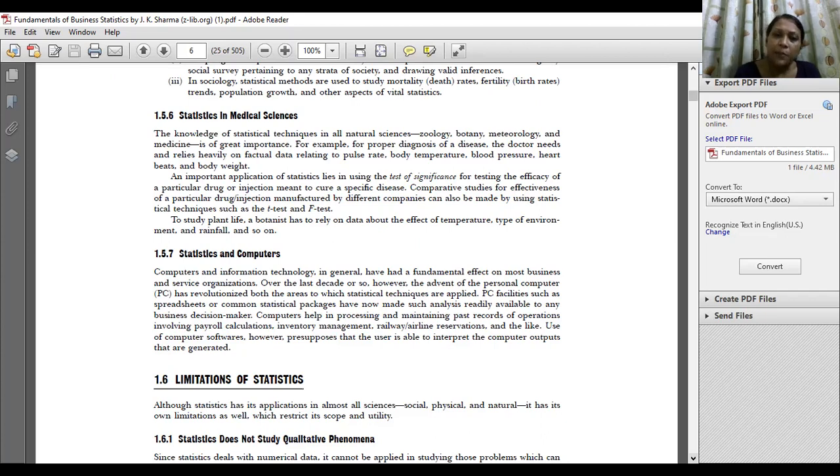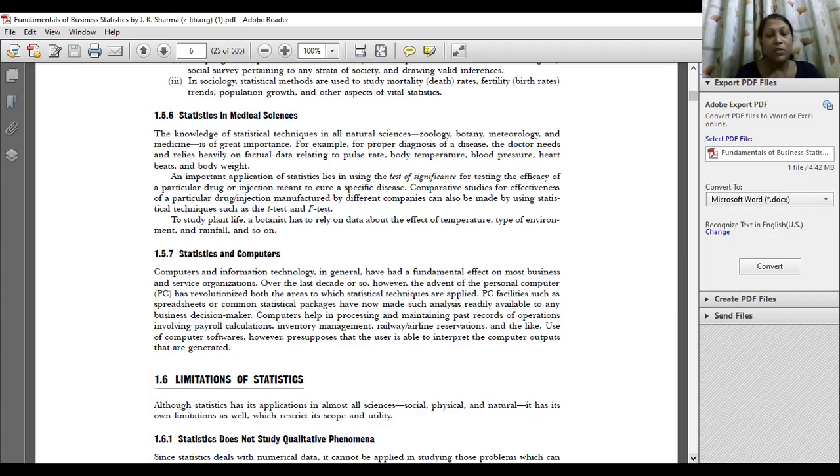The important application of statistics lies in using the test of significance for testing the efficacy of a particular drug or injection meant to cure a specific disease. Basically, doctors are the people who apply statistics mostly on human beings. So, test of significance, we will learn it later.